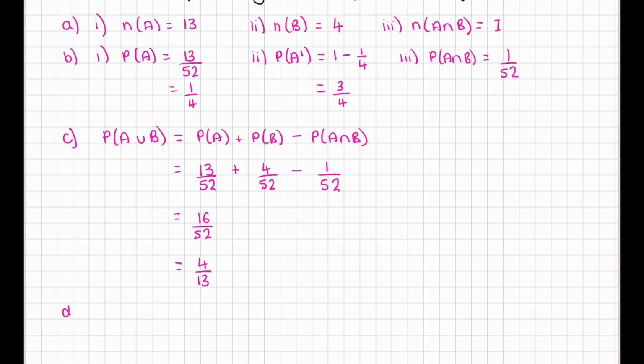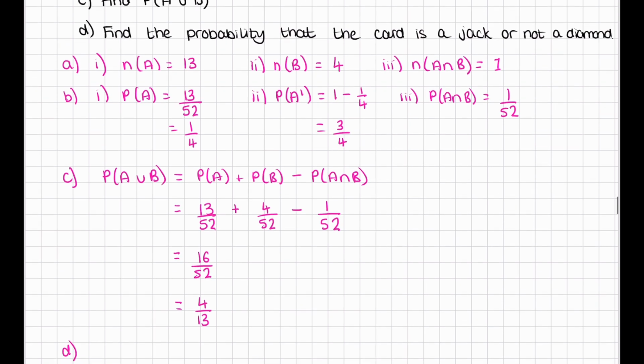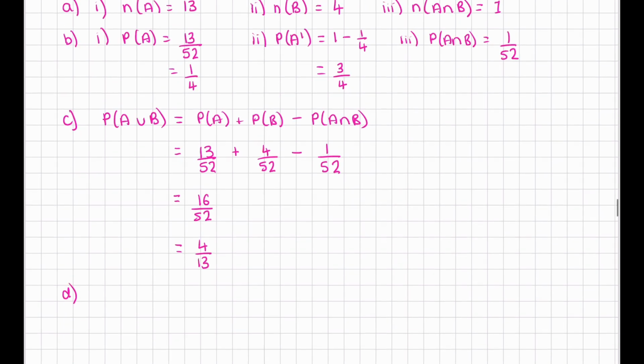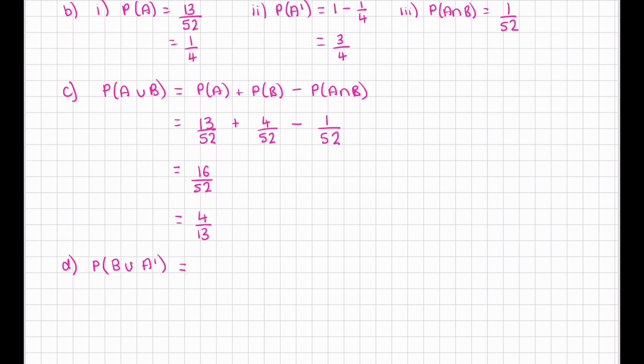And then part D, we want to find the probability that the card is a jack but not a diamond. So the probability of a jack, which is event B, or not a diamond. Once again, we can use the rules.